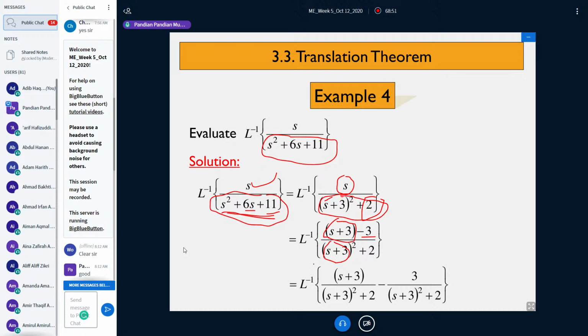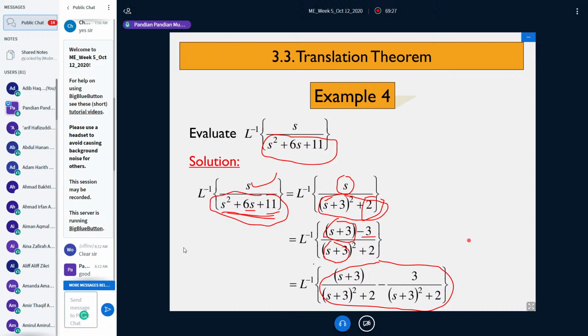Because you modify this as S plus 3, of course you have to minus 3, then back to S. You cannot put S plus 3, of course S plus 3 not equals to S. But S plus 3 minus 3, same as S. You are just modifying this only, class. But this one, you have to break into 2 pieces, like this. S plus 3 divided by (S plus 3) squared plus 2, minus 3 over (S plus 3) squared plus 2.